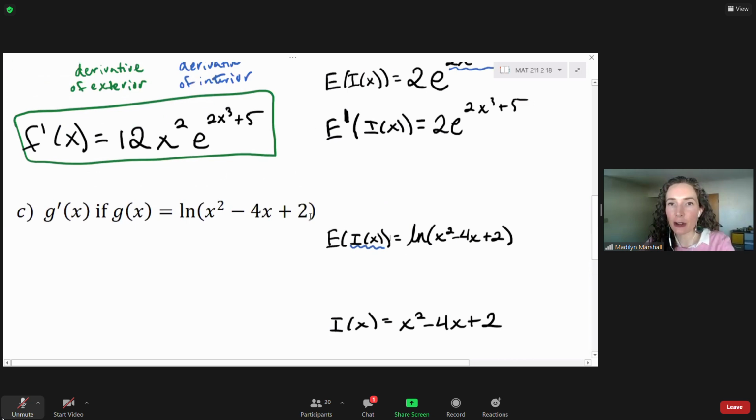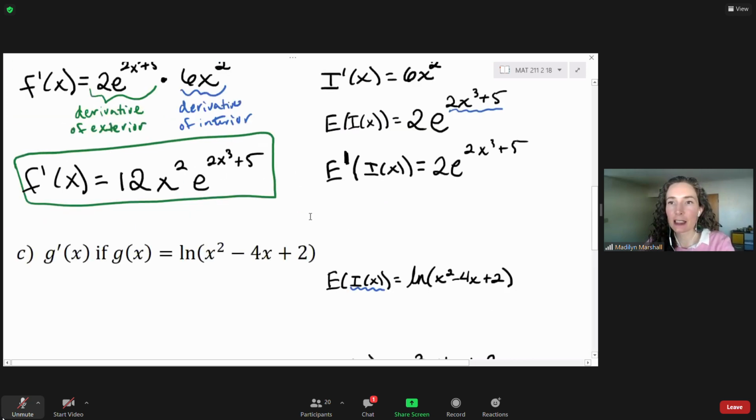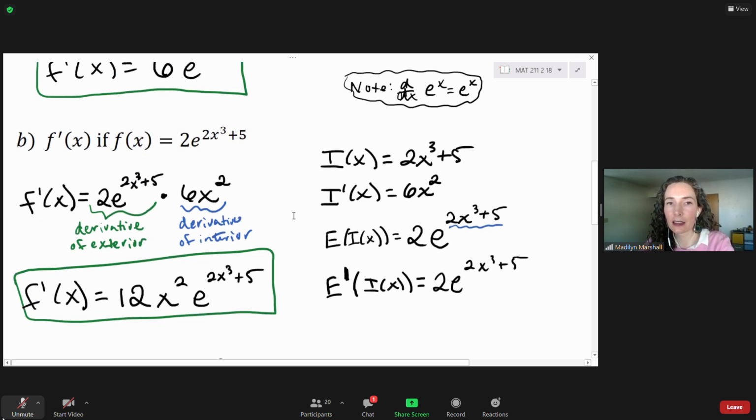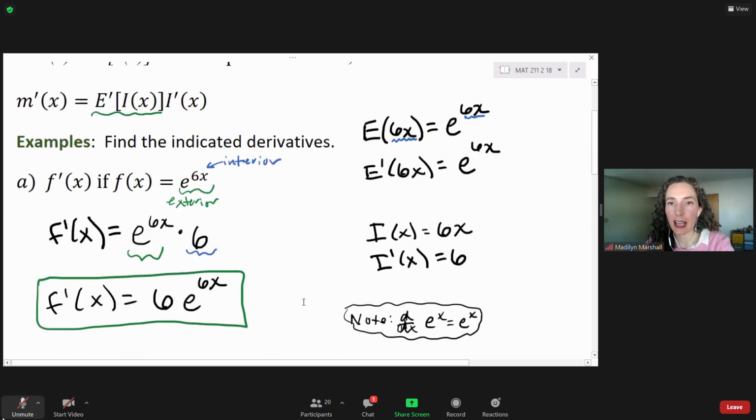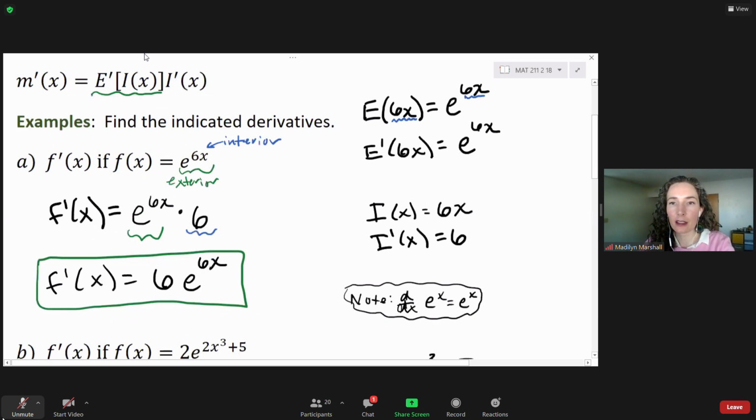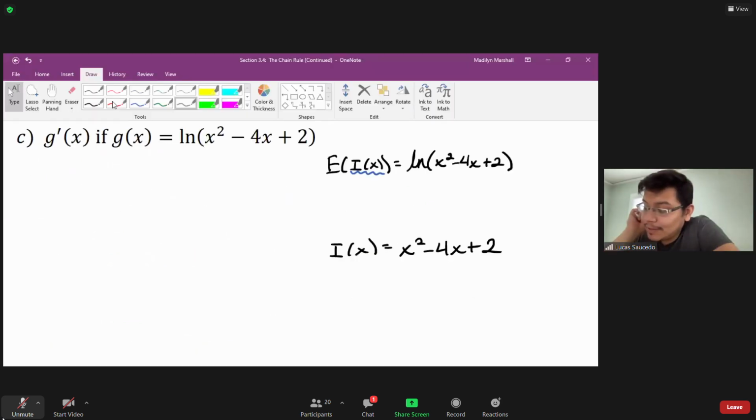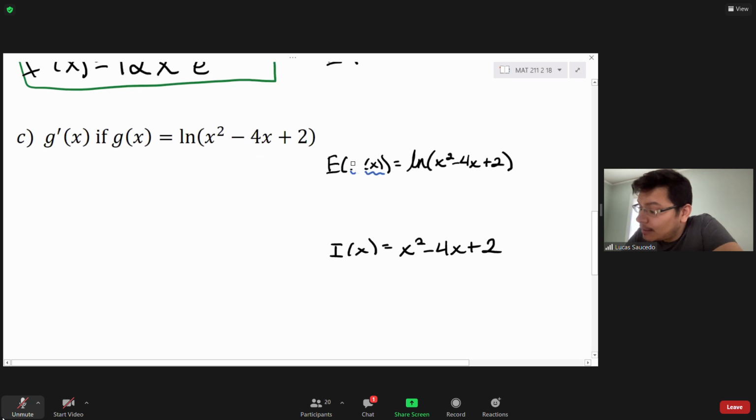What I just wrote is exactly the same as how I was doing it in B, and how it worked in A. Another way we could write it: ln of I of x.